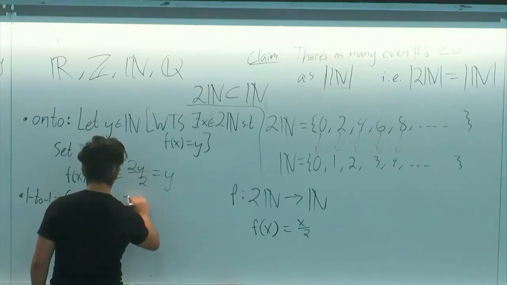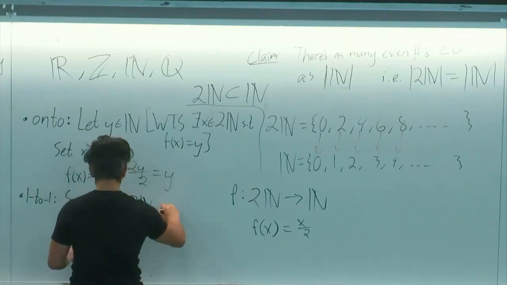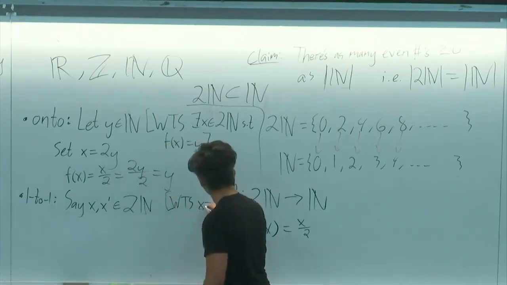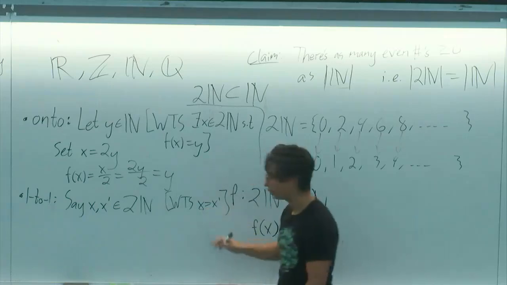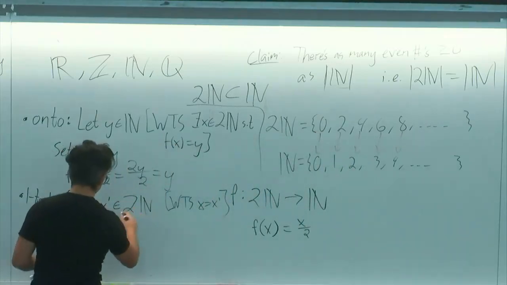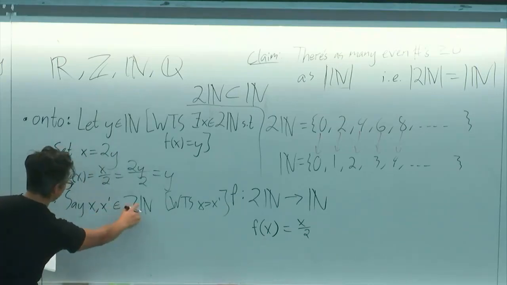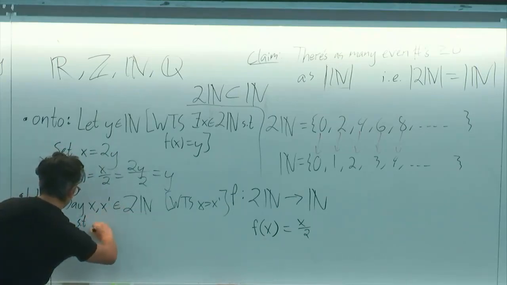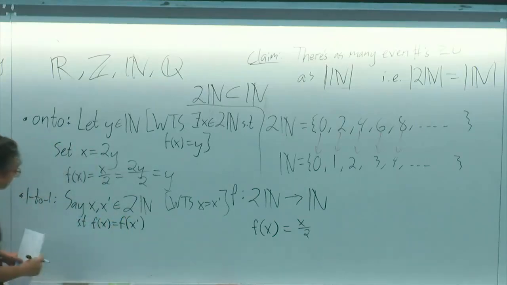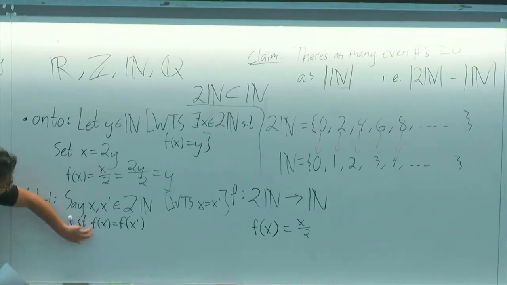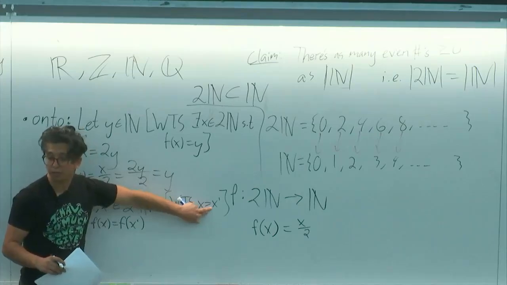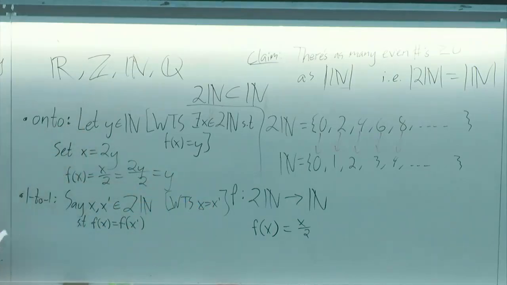Let's say there's x and x prime in 2n such that f of x equals f of x prime. If we have a collision, we want to show that those were actually the same thing, so there's no collision. That's what one-to-one means.